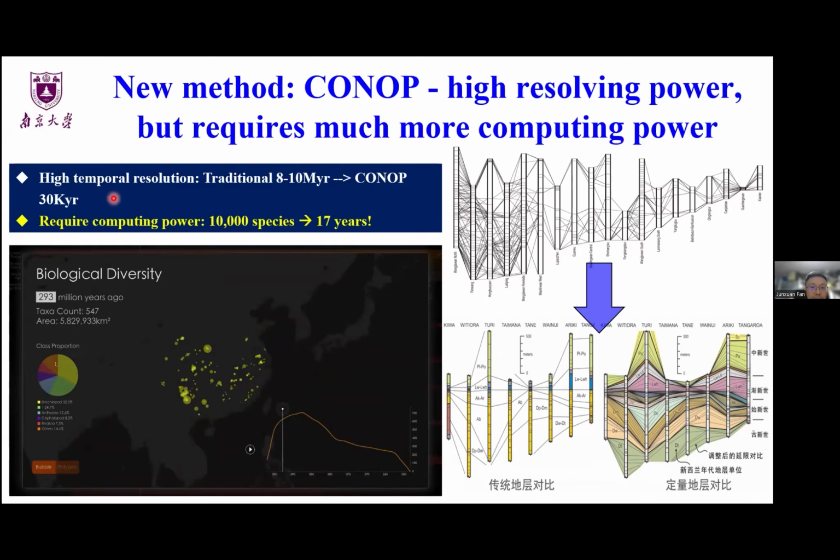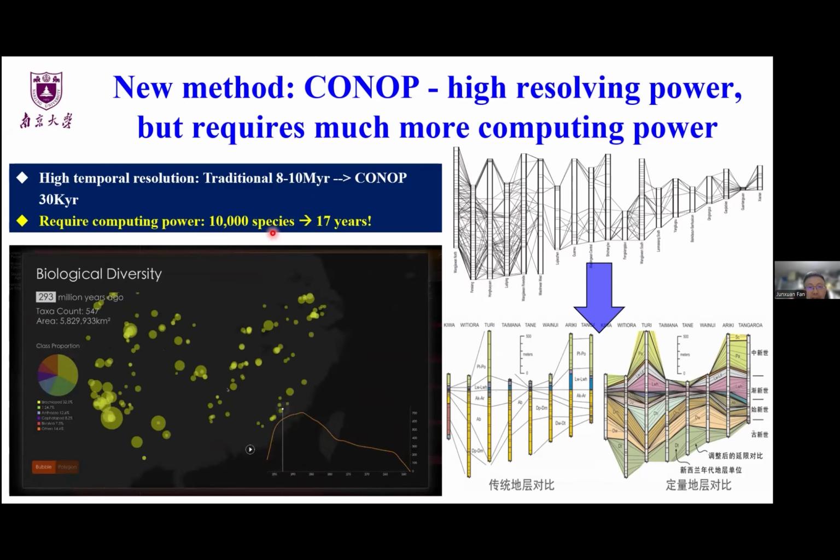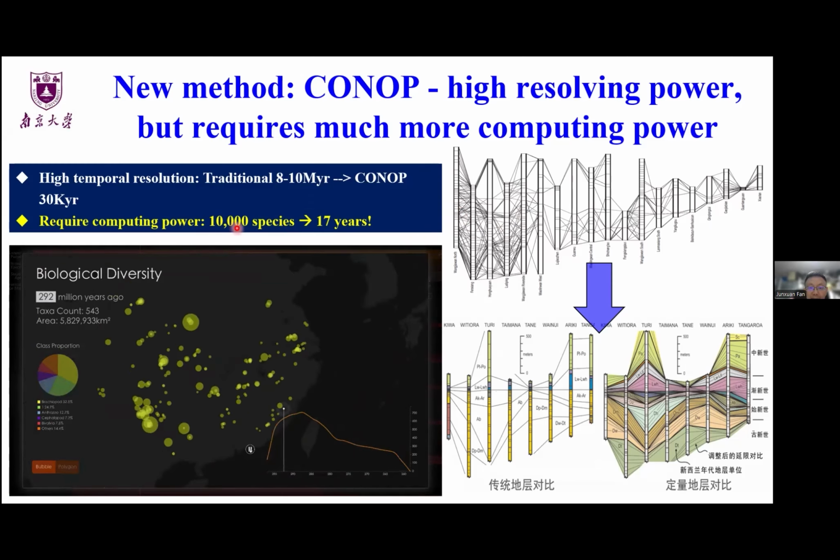For example, for a 10,000 species dataset, which is what I used in my 2020 Science paper, one calculation will take about 17 years. But the temporal resolution can increase from the traditional 8 to 10 million years to about 20 to 30,000 years. That's a big increase in temporal resolution, but it requires very large computing power.